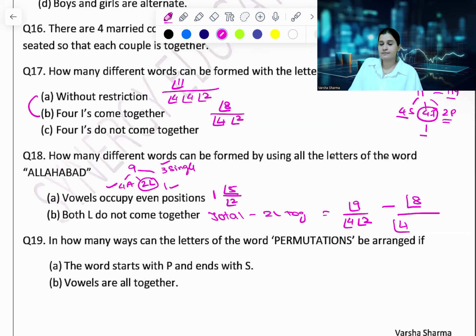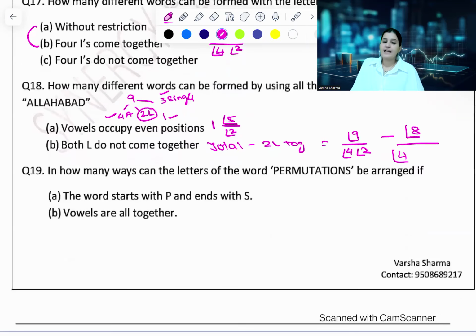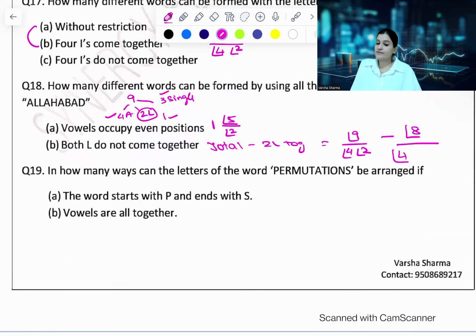19. In how many ways can the letters of the word permutations be arranged? So there are in total 12 letters, which has all five vowels and seven consonants. The seven consonants have two T's.